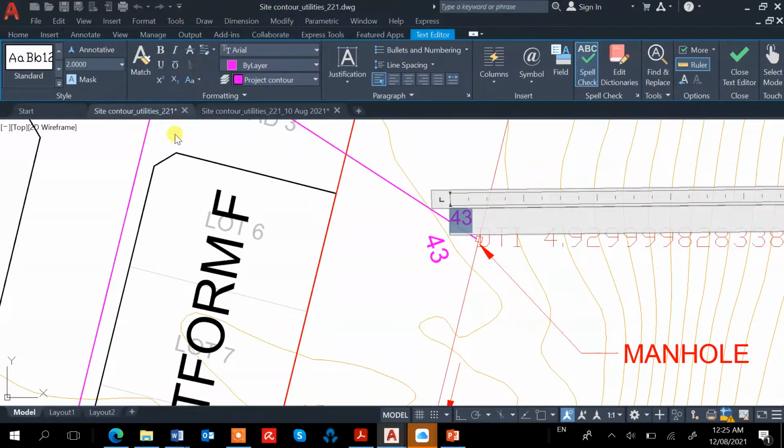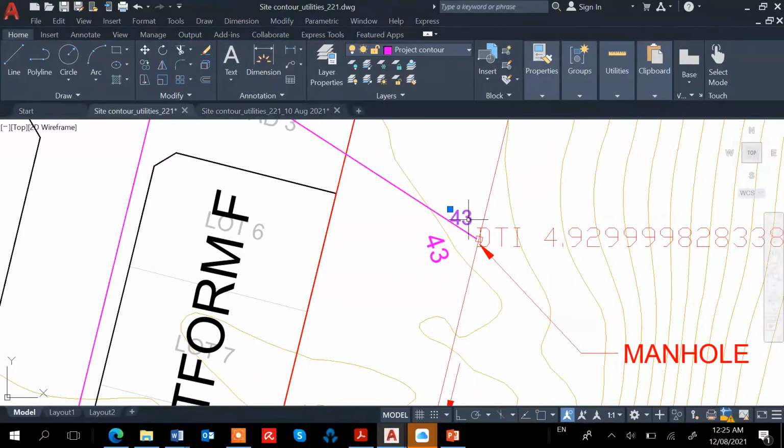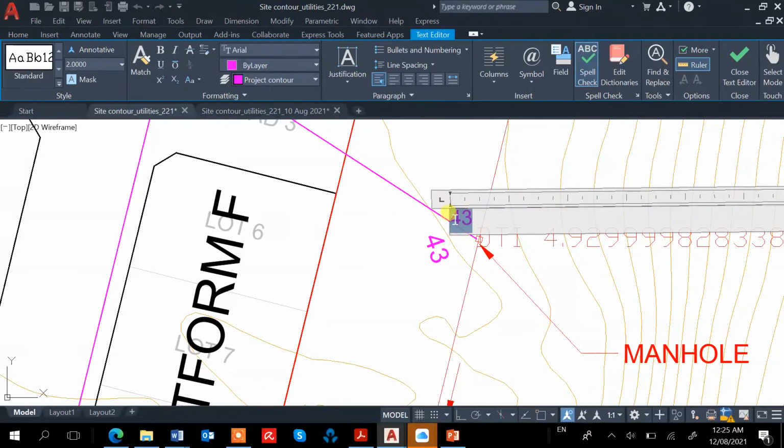Make it smaller. So this one will be IL equal to, what we just put in, which is 37.87 meter.